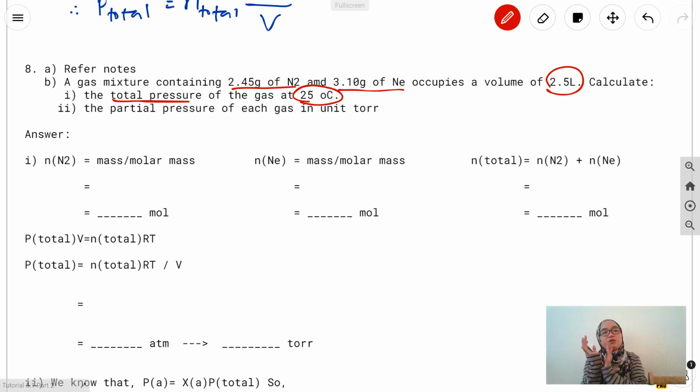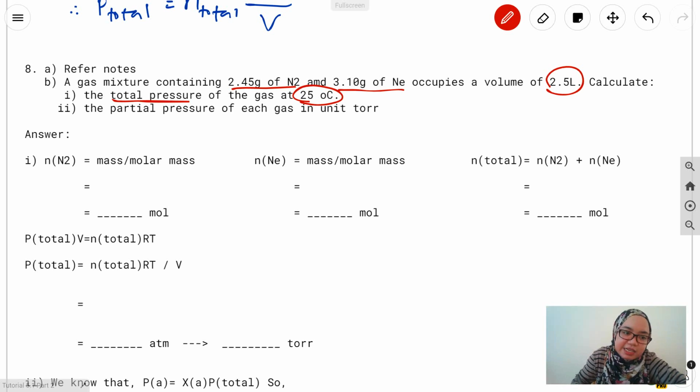So they want you to find the P total. For that you have to find the total number of moles, because we can use P total equals N total RT over V, right? So you need to find the total number of moles, by finding the number of moles of each gas first and then summing them up together.